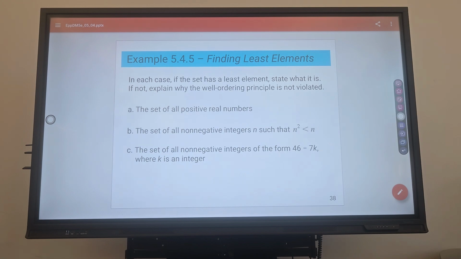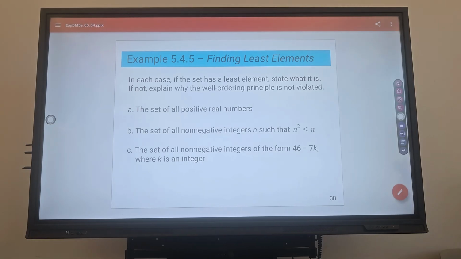The set of all non-negative integers n such that n squared is less than n. There is no n, so it's an empty set.